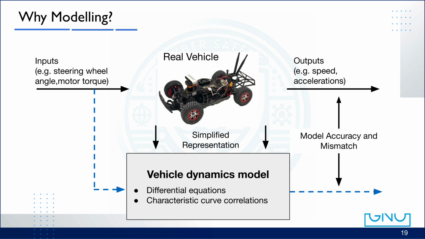It is typically defined using differential equations or characteristic curve correlations that capture how the vehicle responds to forces and inputs. Of course, the model can never be perfect. There is always some mismatch between simulation and reality. But the better our model represents the physics, the more accurate our predictions and control become.